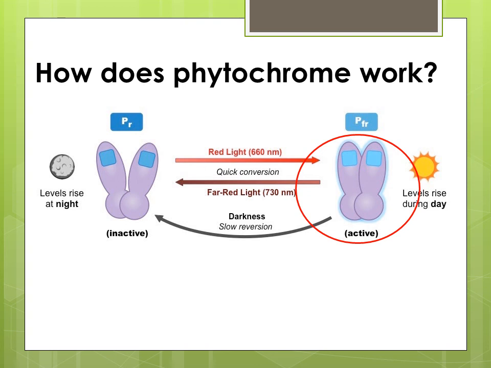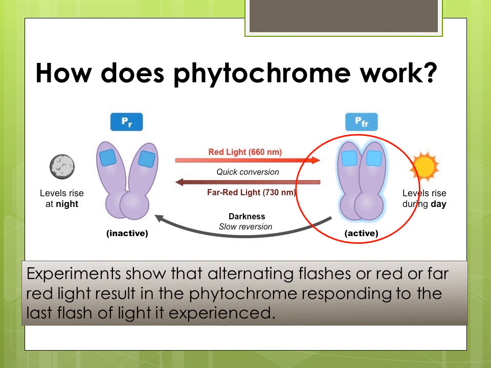it would do normally. So there has been some other experimental evidence though that shows that if you alternate red and far red light, then it doesn't matter how much time they spent in far red or red, it's just the last colour of light that it experiences which determines what it's going to do, which makes sense. So during the day it will be experiencing red light, so it will become phytochrome far red, and so it will remain in that format.